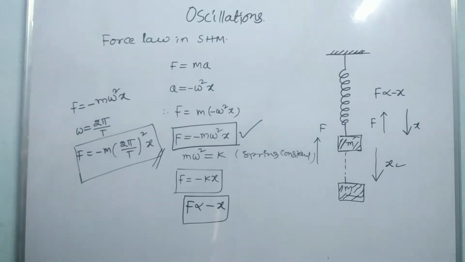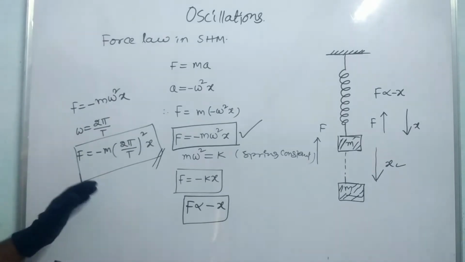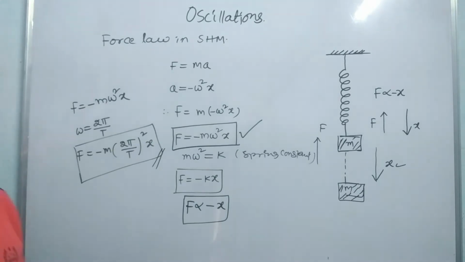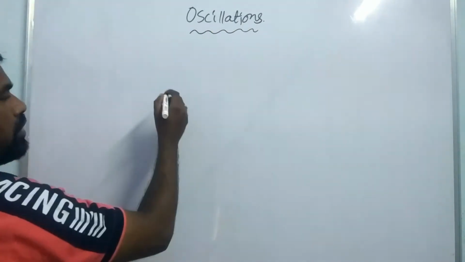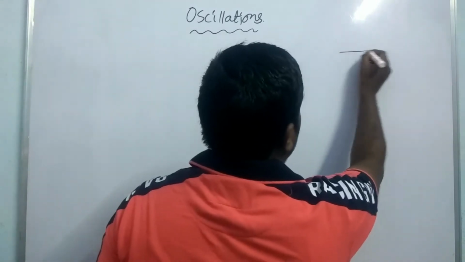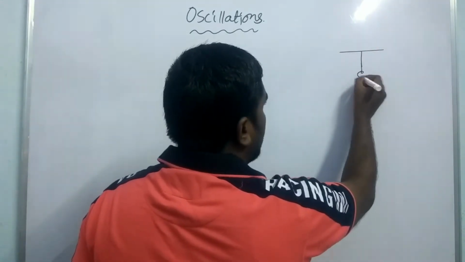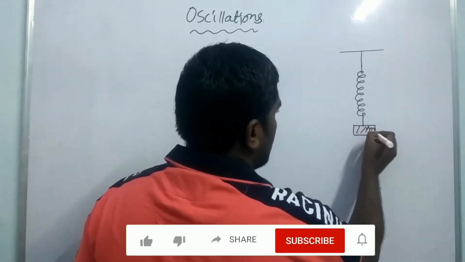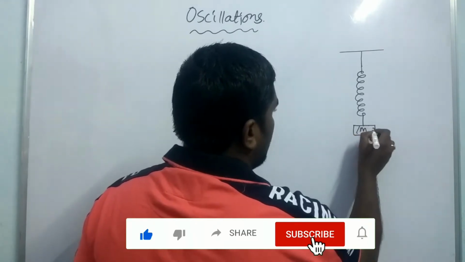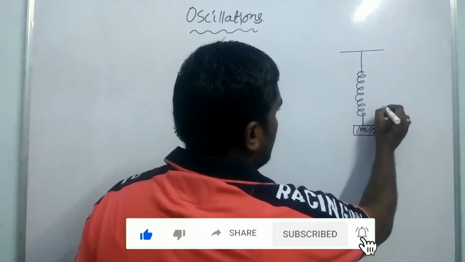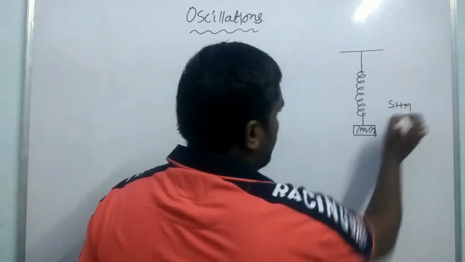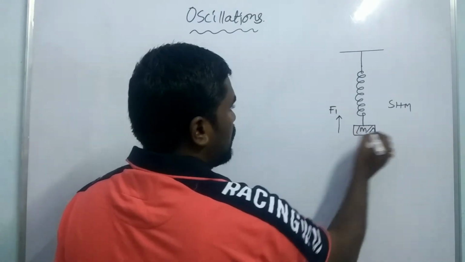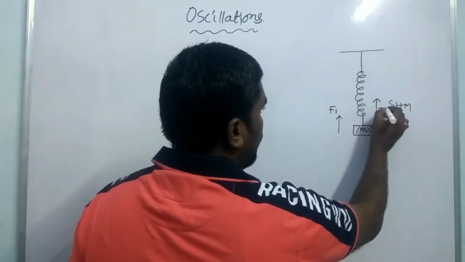Okay, so let us do some applications according to the force acting for simple harmonic motion. Let us see. Let us take any particle of a spring performing SHM. So this is the mass m, which is performing simple harmonic motion, and the force acting on it is F1, and the time period is T1.